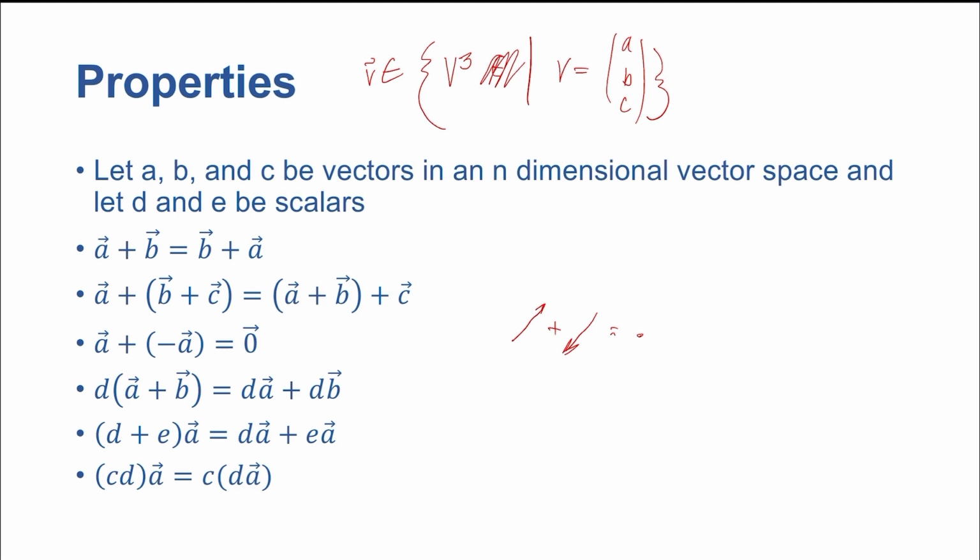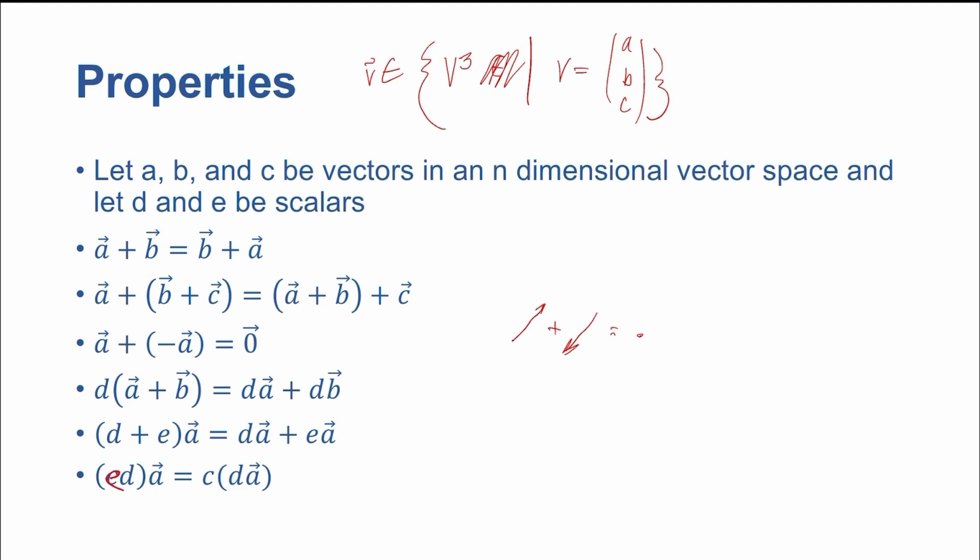If I do (D plus E) times A, I can distribute the A as well, so I get D times A plus E times A. And finally, if I multiply E times D times A, these are both scalars here, so this should be an E, actually.